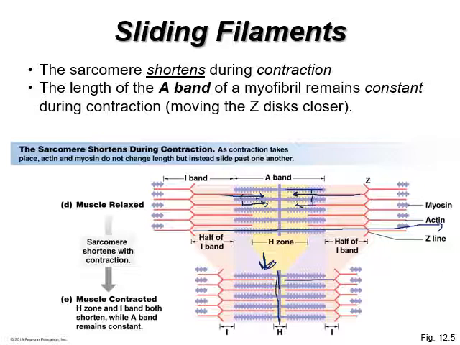What is changing though in the sarcomere? Look at the I band here, and look at the H zone. If you remember, the I band consists solely of thin filament. The H zone consists solely of thick filament.